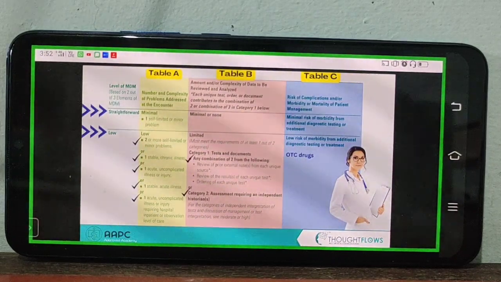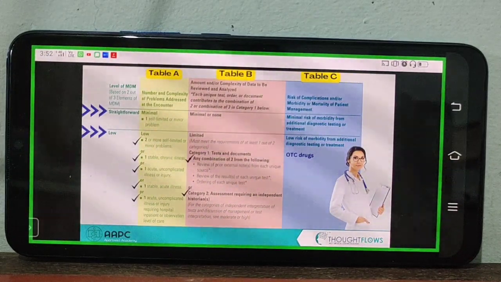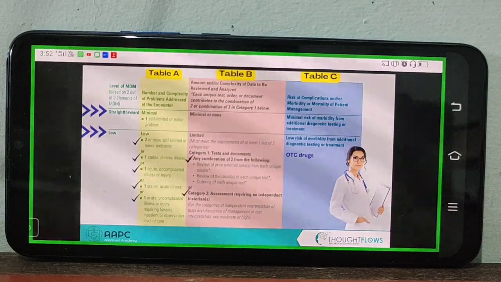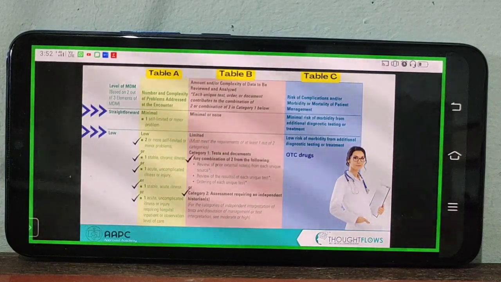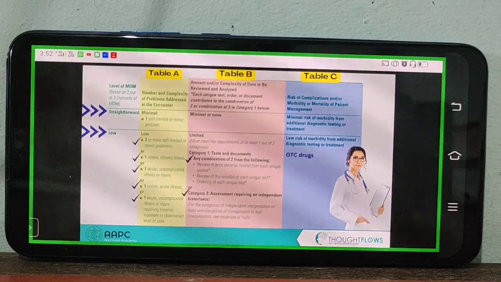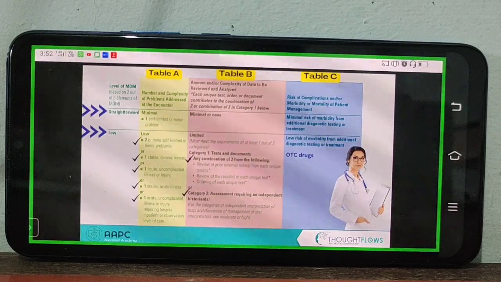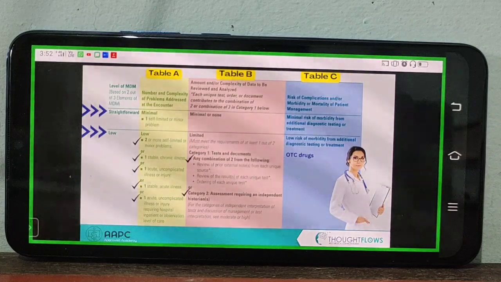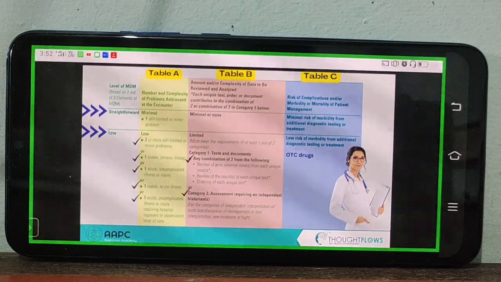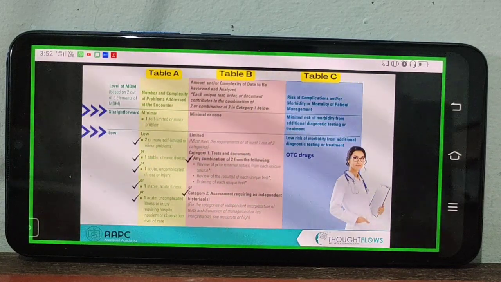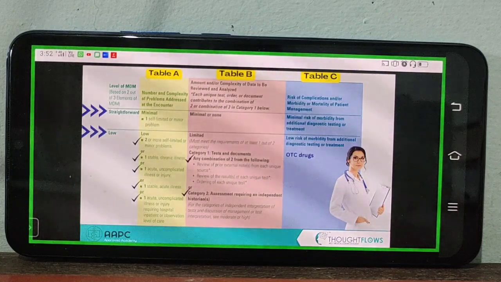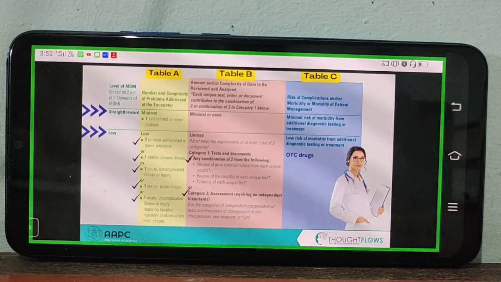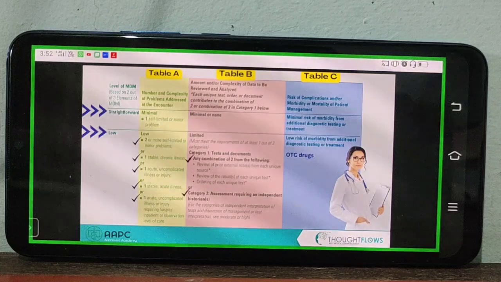Now, what are the criteria we need to fetch the corresponding level? First, straightforward MDM. In straightforward MDM, the patient has one minimal or self-limited problem, minor. For example, common cold, cough, fever.